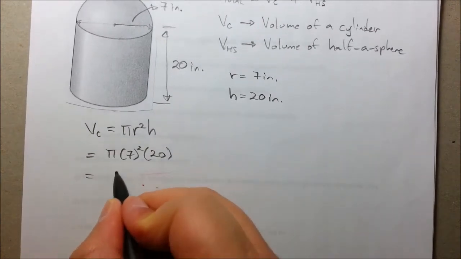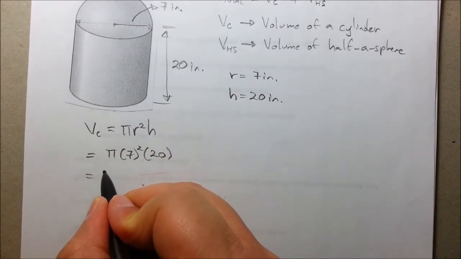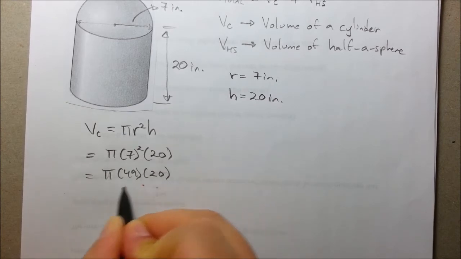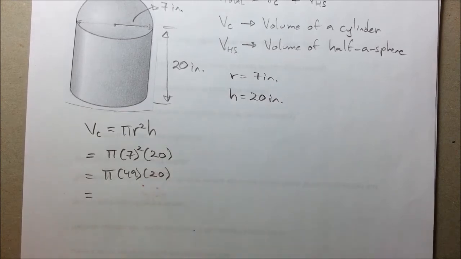This is going to give us pi times 49 times 20. And what is this equal to?